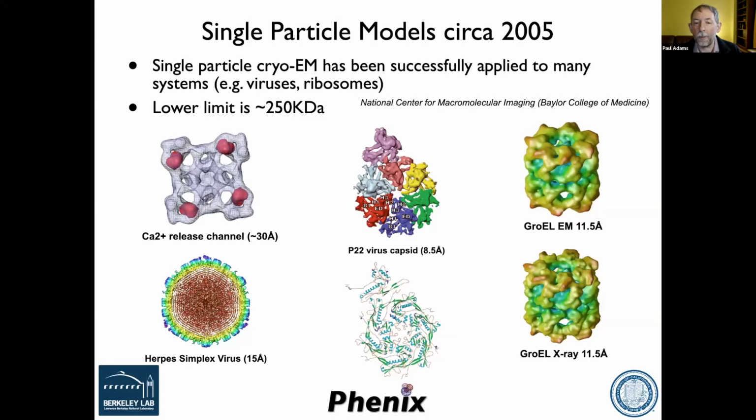These are some pictures here from the National Center for Macromolecular Imaging. And some great examples of looking at viral proteins, looking at these large complexes, and being able to see that electron microscopy results were similar to crystallographic results at the same resolution. So very important, but a little bit constrained in terms of what it could do.